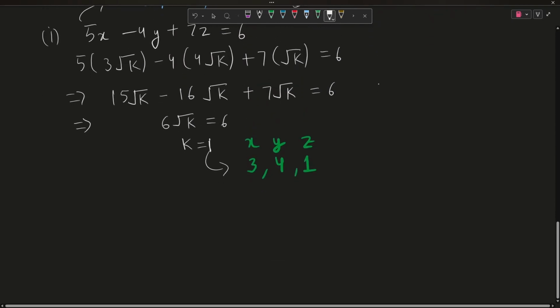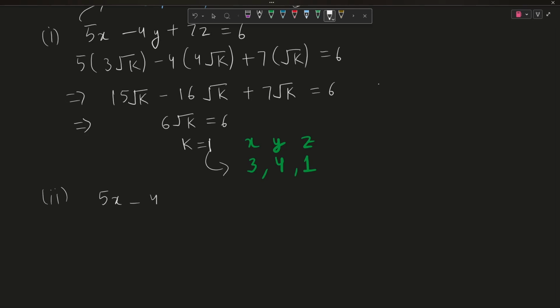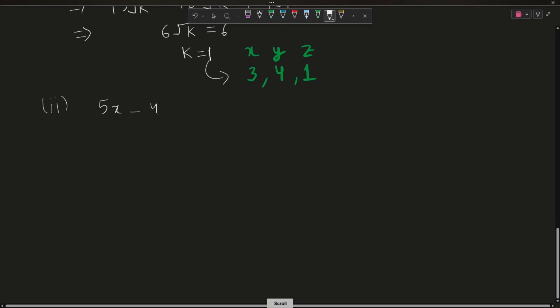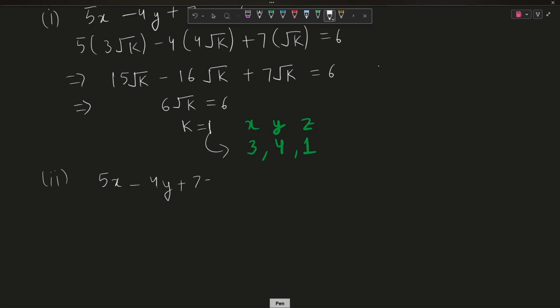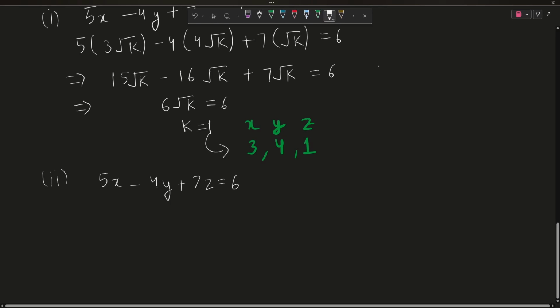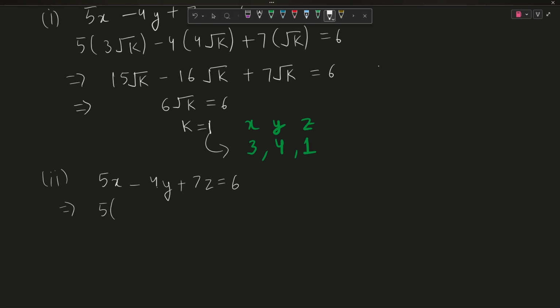Now taking the second set of values, for the above equation, 5x minus 4y plus 7z is equal to 6. X is minus, y is minus, as well as z.